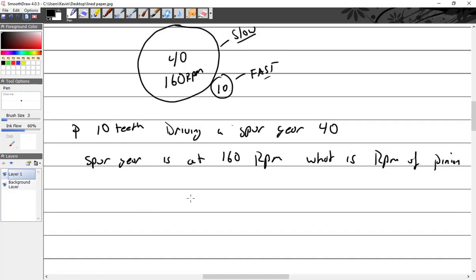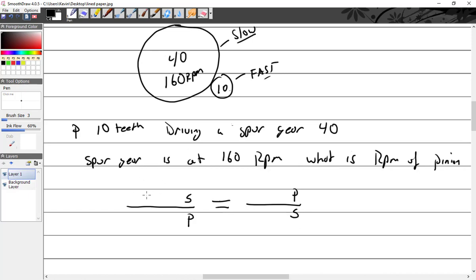All right, so it's almost the same thing. Line equals line. Sound familiar so far? I've got a spur gear, I've got a pinion gear. But over here I'm going to put pinion here and spur here. I've got to flip the other side. If you don't flip the other side, your answer is going to be wrong.